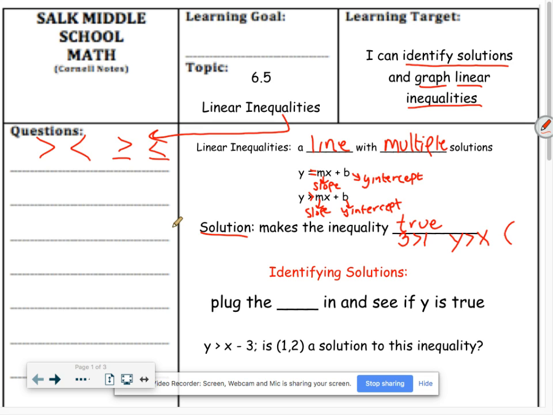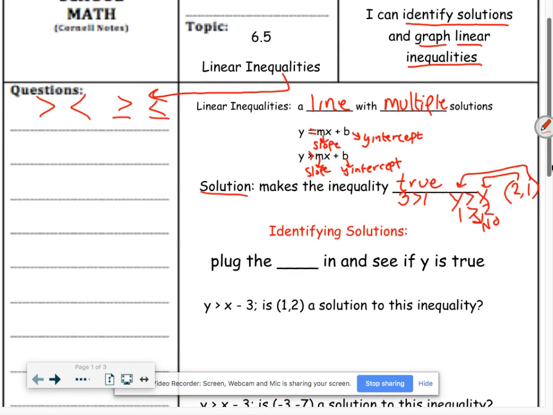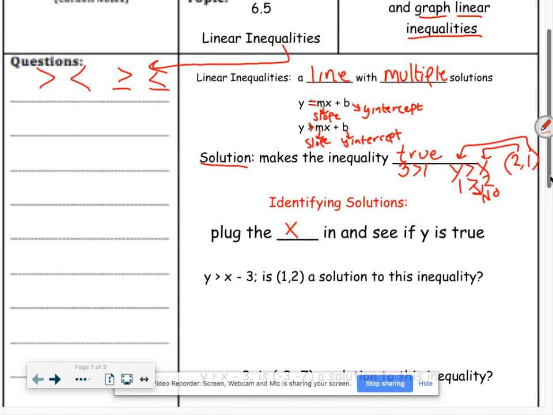If I had the point (2, 1), I would put the 1 where the y is and the 2 where the x is, and I have 1 is greater than 2. No, that is not a true inequality. It's actually the other way around. So you're going to plug the x in and see if the y is true. And remember, a point is always x comma y.